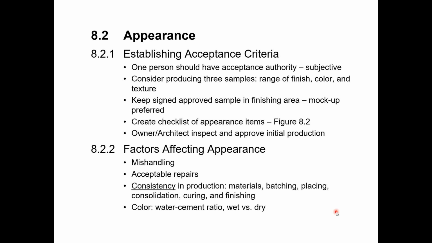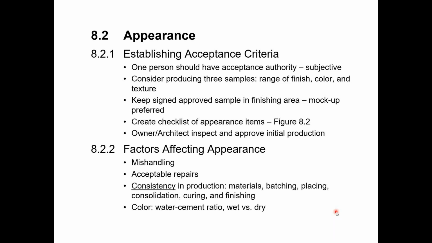If you are producing panels that are intended to have a very specific finish, a very specific aesthetic, usually that's something that's been arrived at as a team with you, the producer plant, along with the architect and owner, and you've decided on here's what these panels should be and should look like.